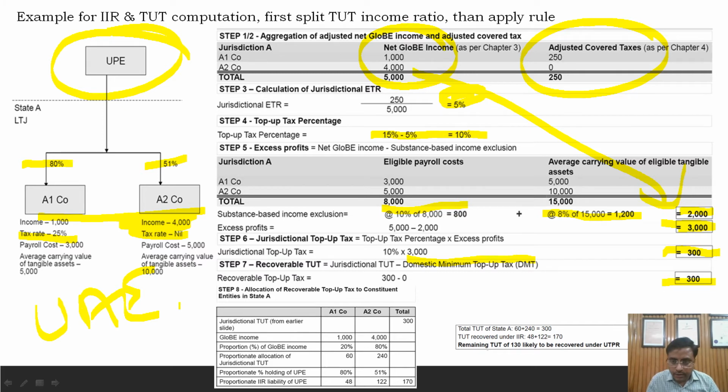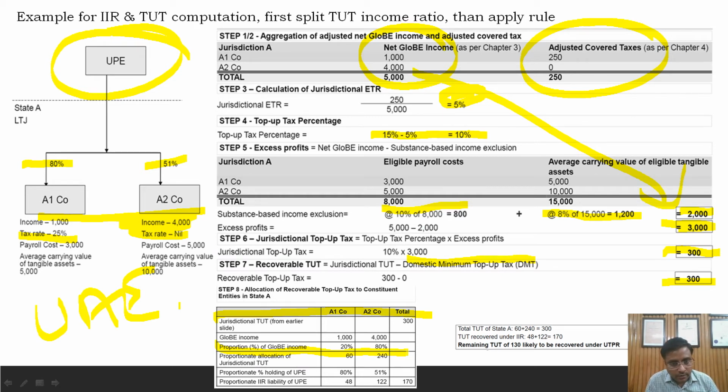Now we understand how we recover the top up tax of 300 through the IIR. The jurisdictional top up tax in this situation is 300. We need to proportionately allocate the 300 amongst the global income of 1000 to 4000.